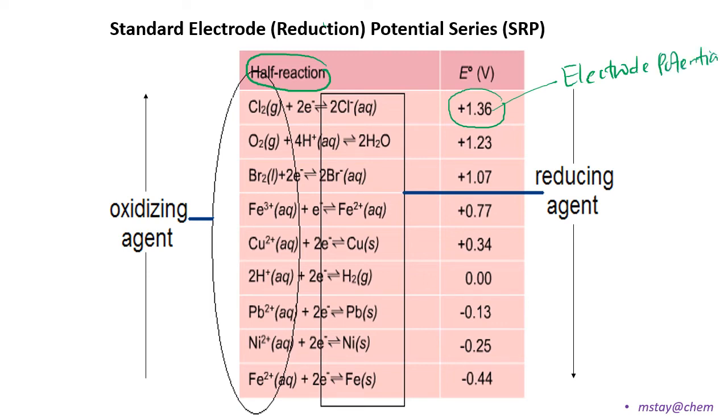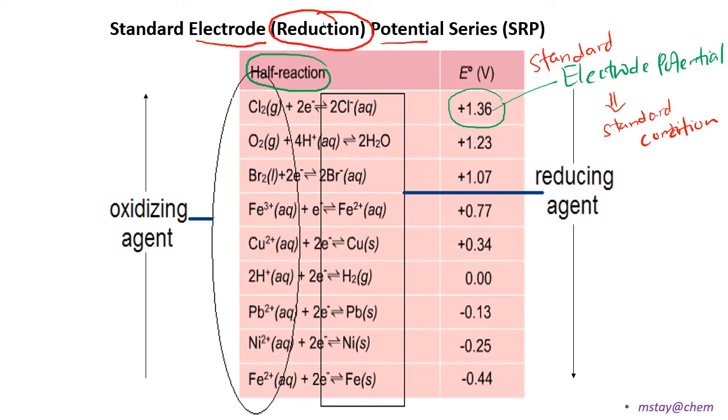If it is not carried out at standard condition, we just call it electrode potential. We mention that this value is standard electrode potential when it is measured at standard condition.